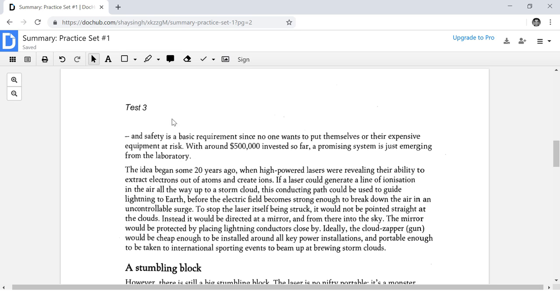I see electrons over here. That might be where we find our answer, electrons. And actually I also see the word extract. It says extract electrons. Guys, what is extract a synonym for? What do you think? The word extract means to pull out, to remove.